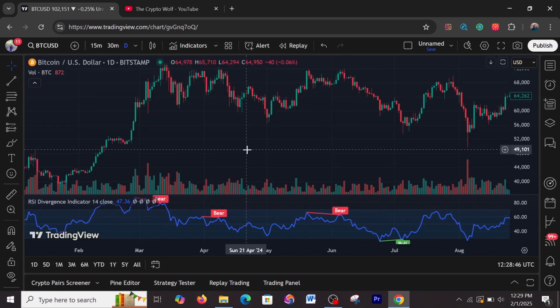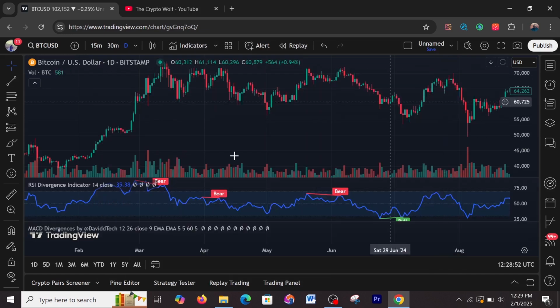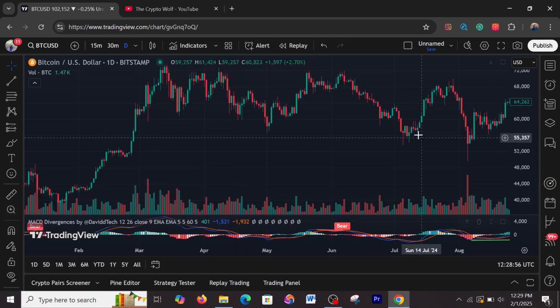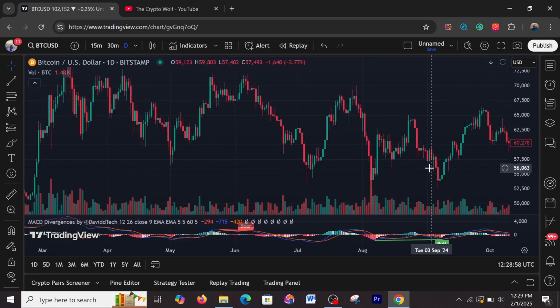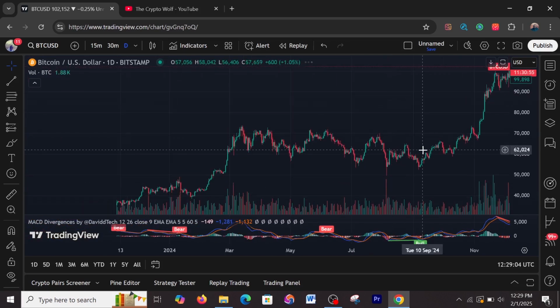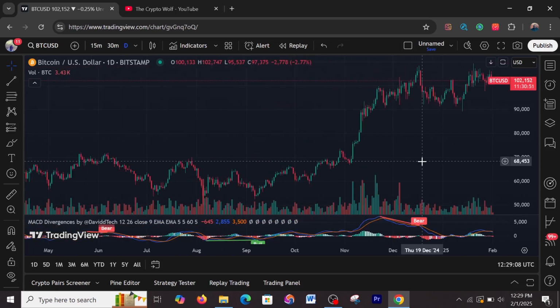That's the very first indicator. The second indicator is the MACD divergence. It's almost like the RSI divergence, but the reason I love this is because it has this histogram. The histogram helps you to see who is really in control, and it really helps a lot. It also has the divergence feature.